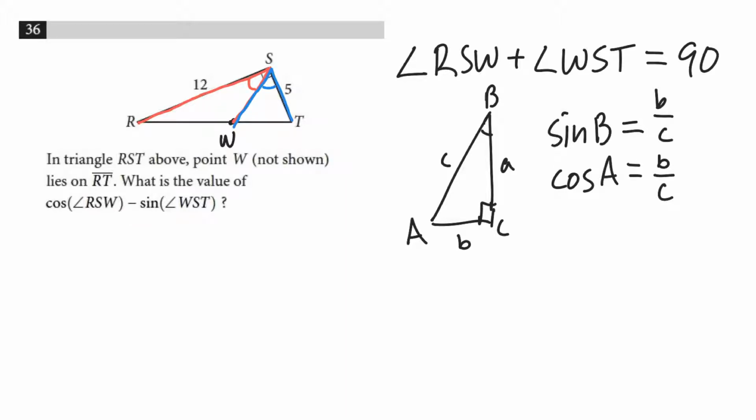And we know that A and B are complementary. Therefore, the sine and cosine of complementary angles are going to be equal. So if this equals, let's say, x, well, the sine of its complement is also going to equal x. So if you subtract x from x, your answer is 0.